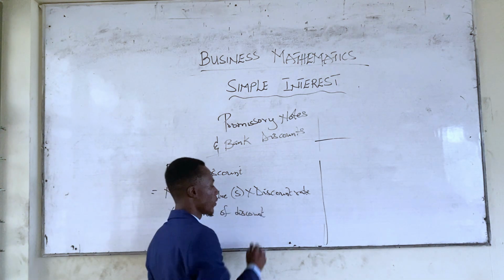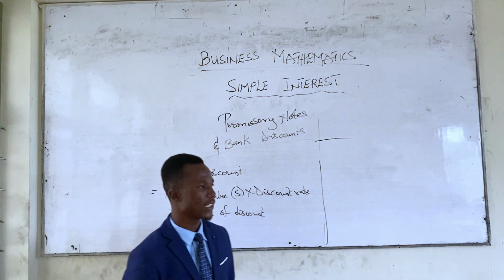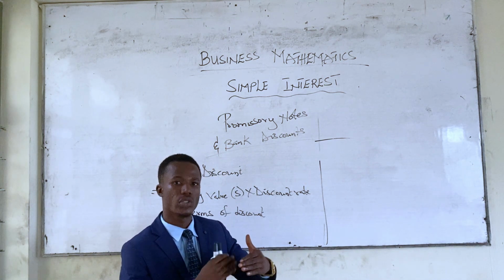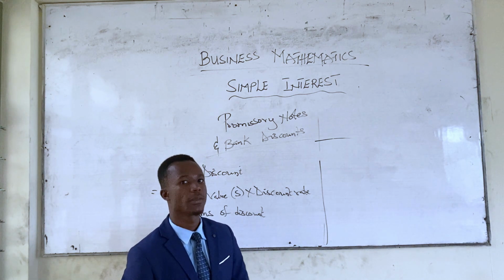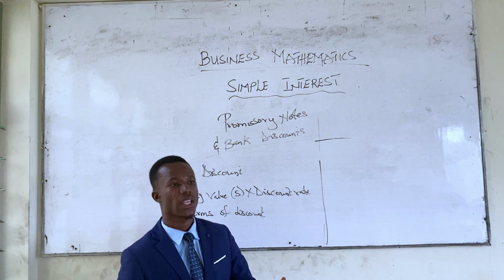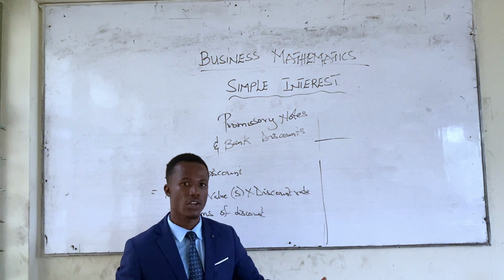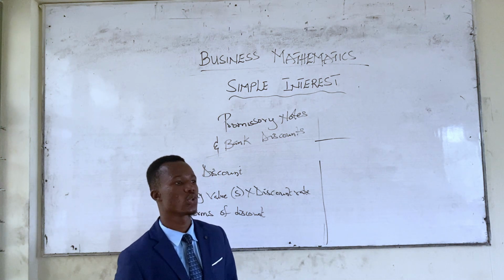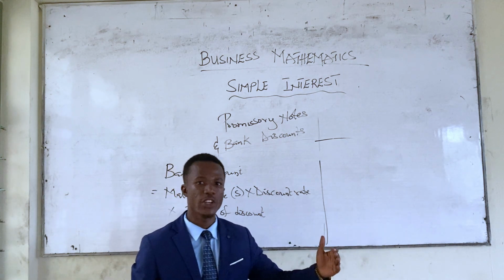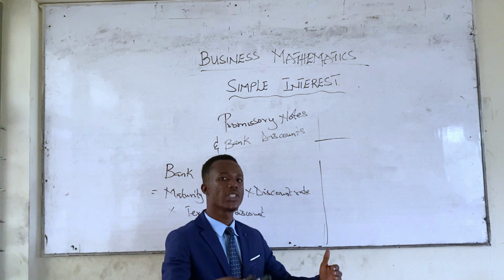Okay, so the terms of discount is, let's say you took the loan today, which is March 17th, and you are supposed to pay the loan by December 20th. Let's say in the course of trying to pay the loan, when you get to July, you think you will not be able to pay, so you bring in the bank.